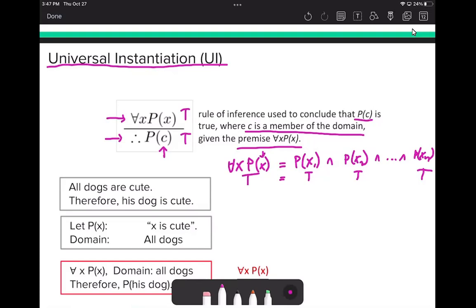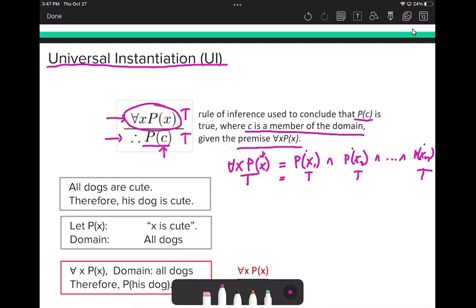So we can assume that p of c is true given that this is true, because this will only be true if each member of the domain in the predicate is evaluated true.